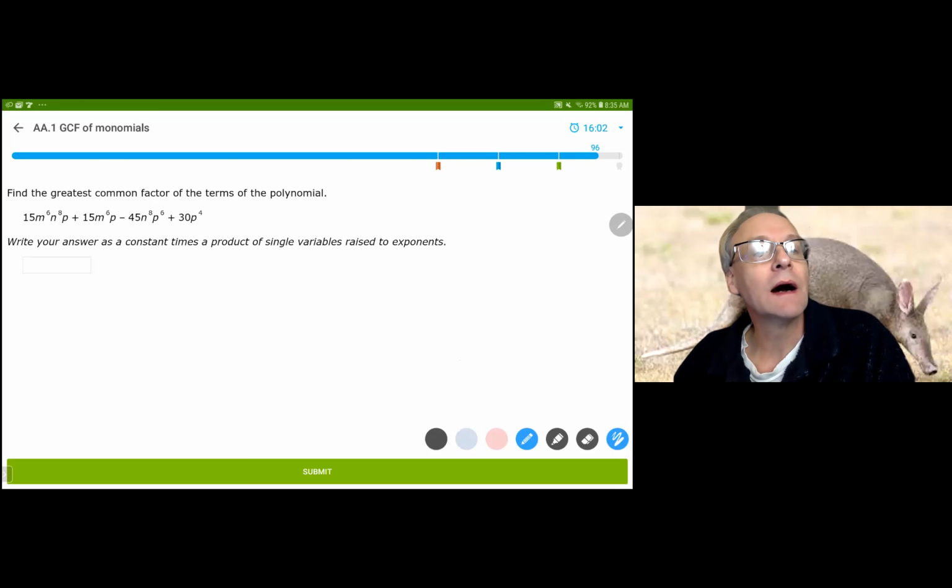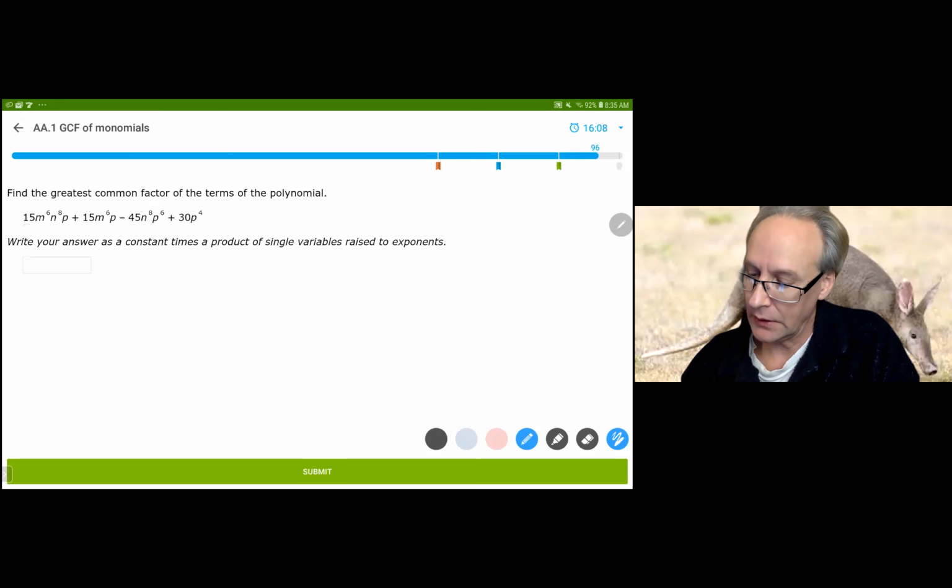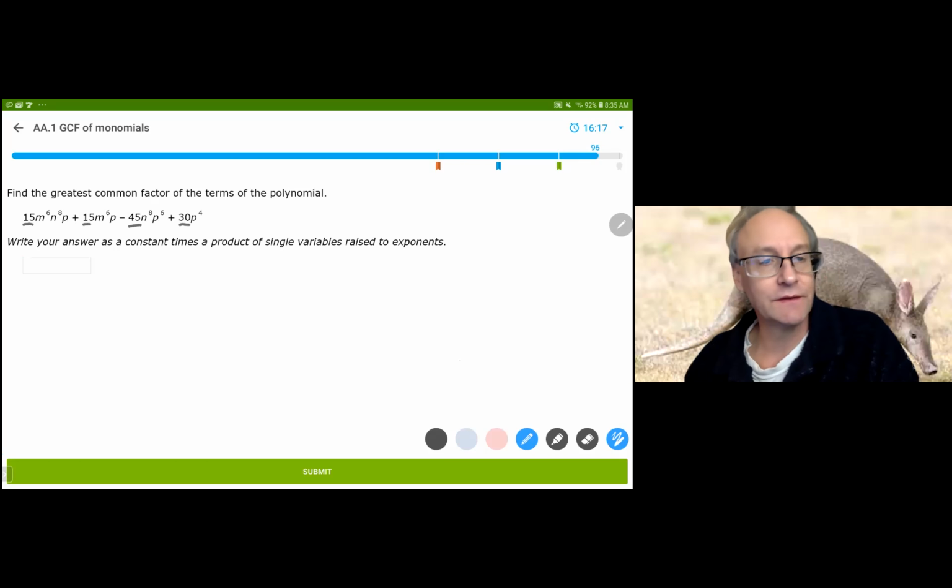Okay, we've got 5s in all of those, but we also have 3s. 15 goes into all of these coefficients. 15 obviously goes into 15. 15 goes into 45 3 times, and 15 goes into 30 2 times. So 15 is our common divisor for the coefficients. M, there is no M in that third term, so there's no M's.